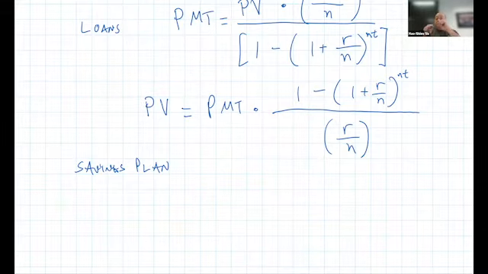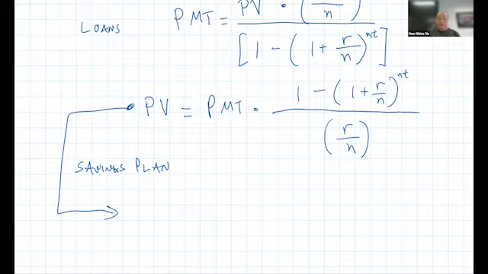Instead of starting out large and ending up at 0, you start out at 0, you end up large. This same formula here, if you look at it from the opposite direction, instead of from present to the future, you look at it from the future back to the present, then you're getting the savings plan formula. Therefore, this whole formula becomes a formula for the future value of the savings plan.